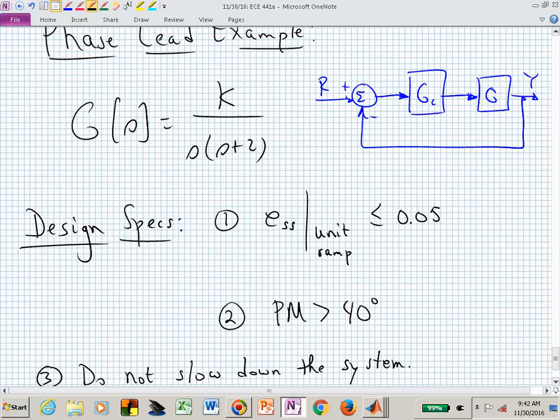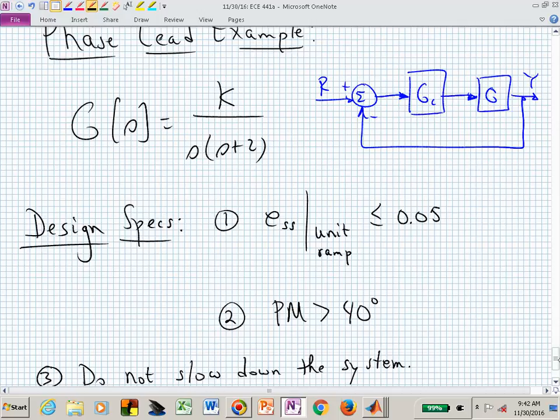But here, it makes really no design effort to say, oh, give me 0 error due to a constant input. So now we're saying, let's look at how close we can get to a ramp in the steady state. And now we're saying make that distance 0.05 or less to track a ramp input.